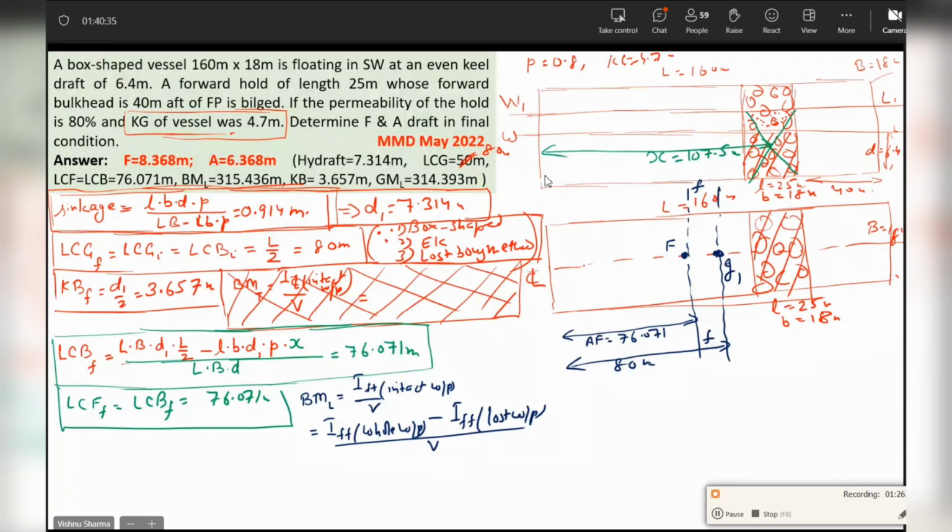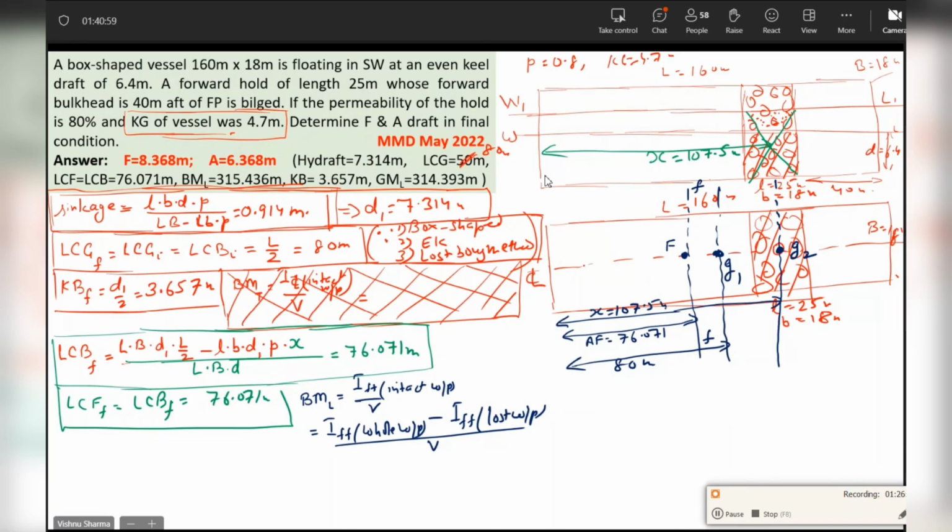My second question: is FF passing through the geometric center of the lost water plane? Answer is again no. Why? Because the geometric center of the lost water plane is here. I draw another axis through it, and the distance of this one is x equal to 107.5 meters.